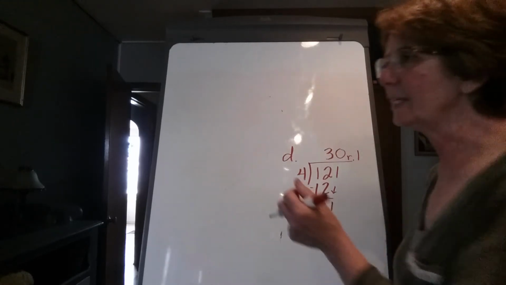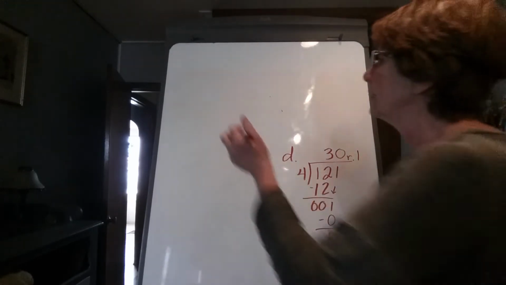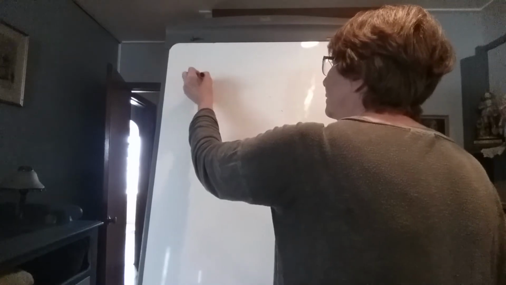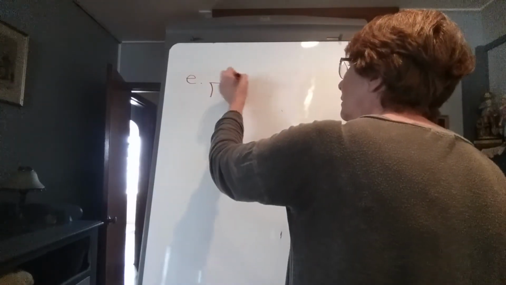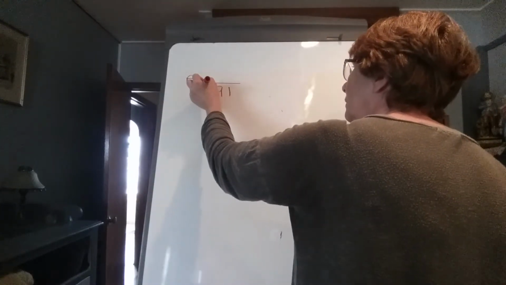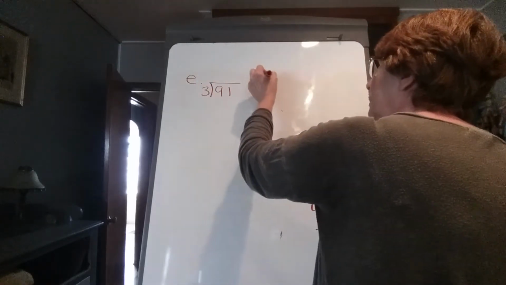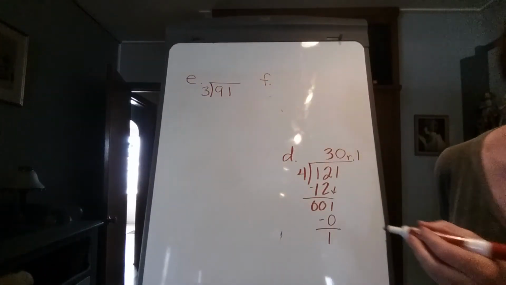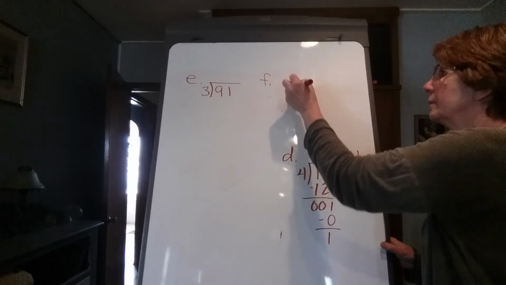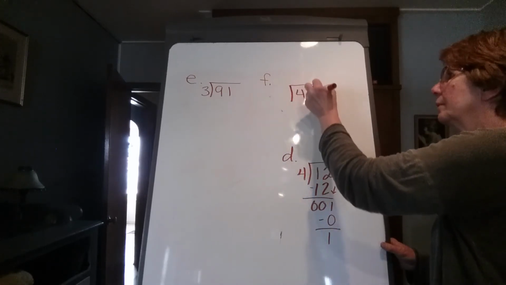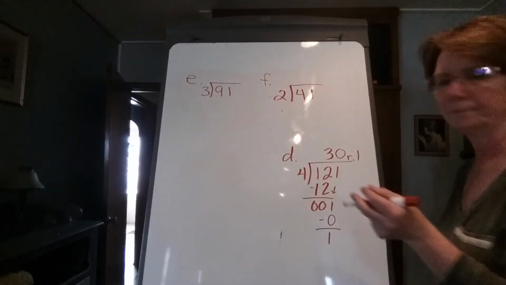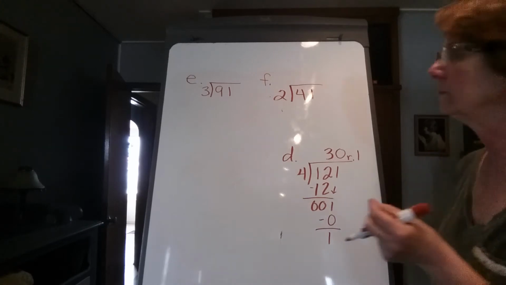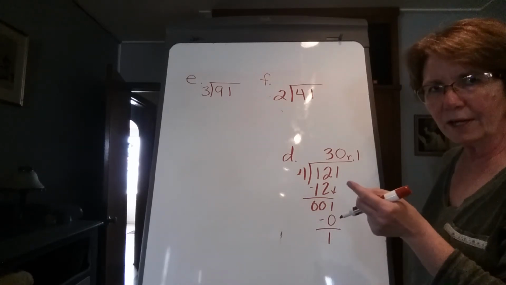Let's move on to E, which is 91 divided by 3. Okay, follow along.